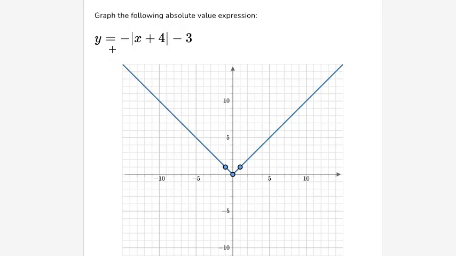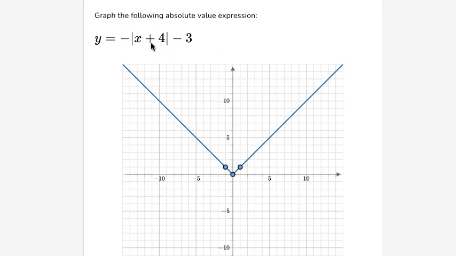So when we graph y equals the opposite of the absolute value of x plus 4 minus 3, well, we know we're going to move the vertex left 4, kind of opposite of plus 4, but then we move it down 3. And then we also flip the graph upside down.